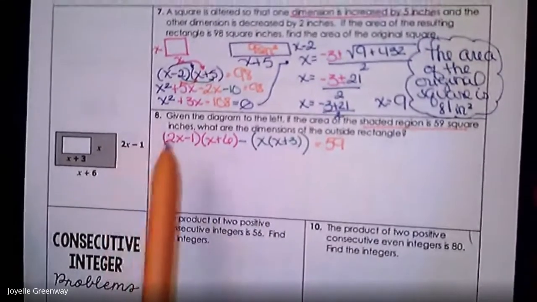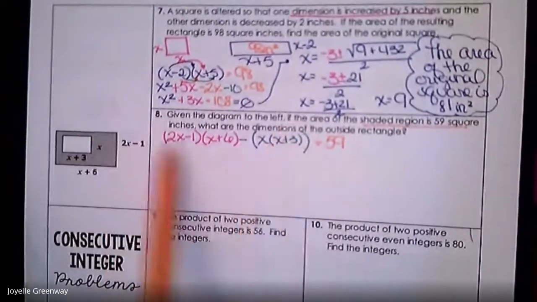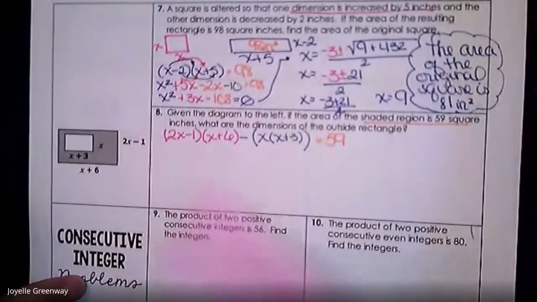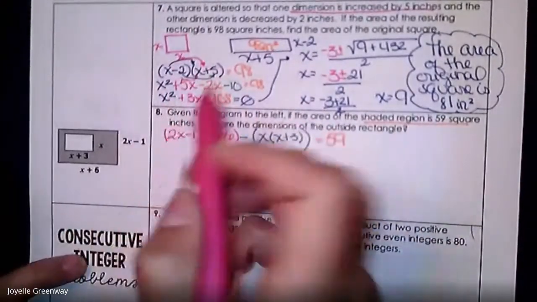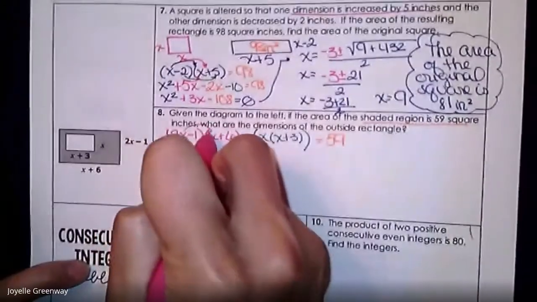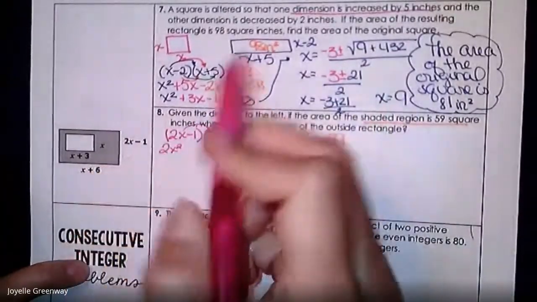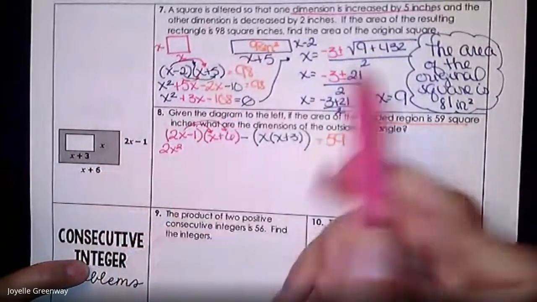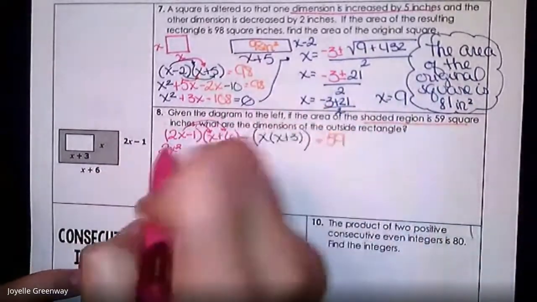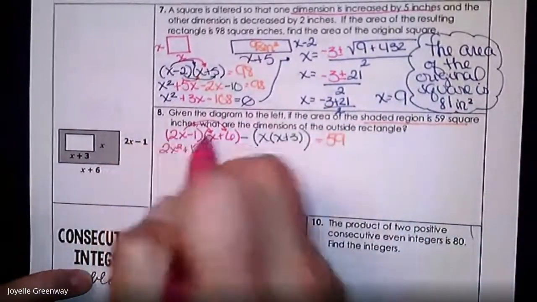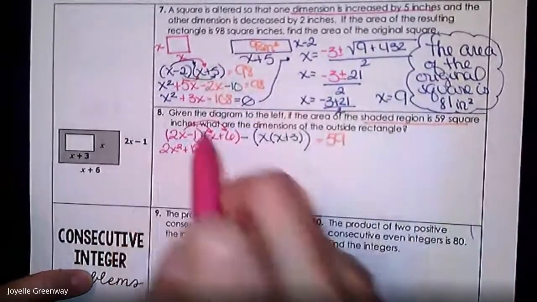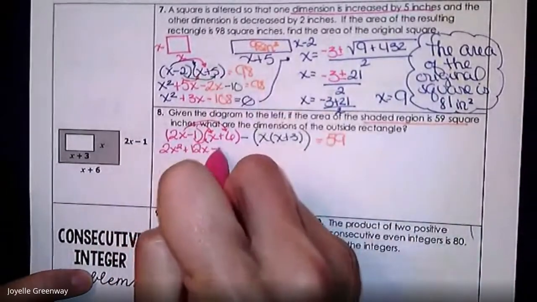So now I have to simplify here before I can do anything. So again, we have another FOIL. So first, outer, inner, last. So 2x times x is 2x squared. Outer, 2x times 6, so plus 12x. Inner, negative 1 times x is negative x.